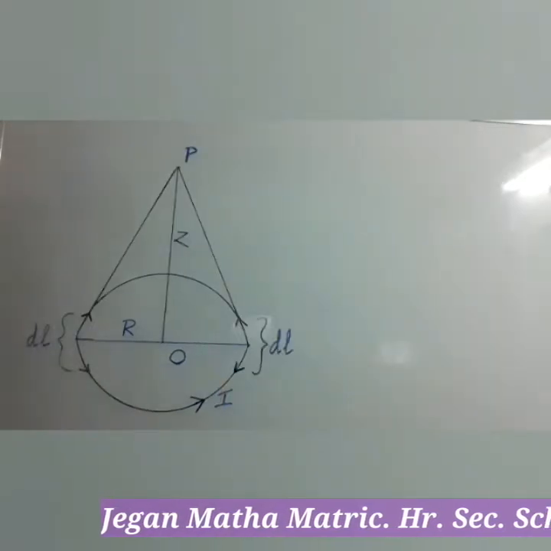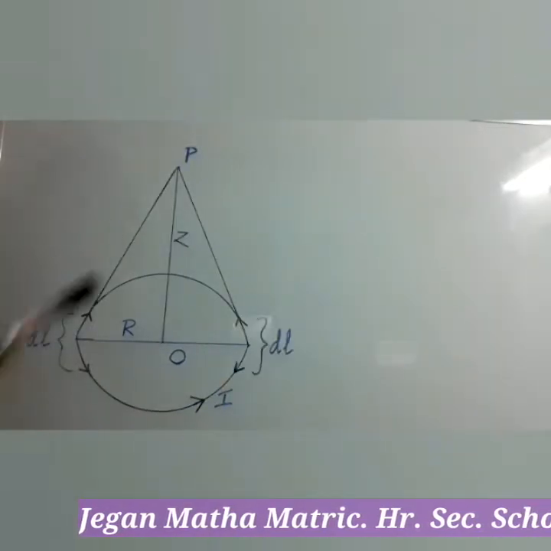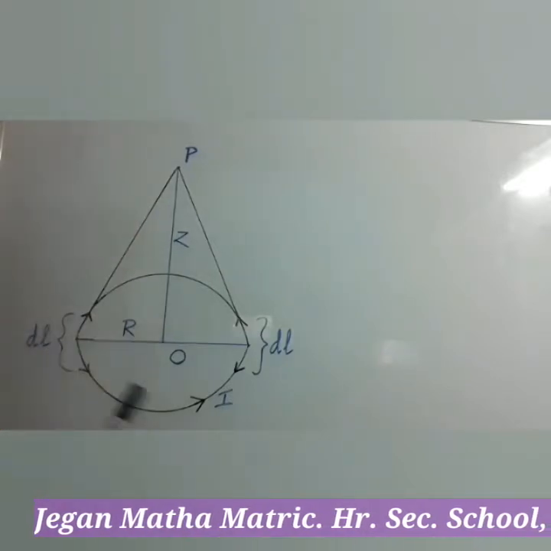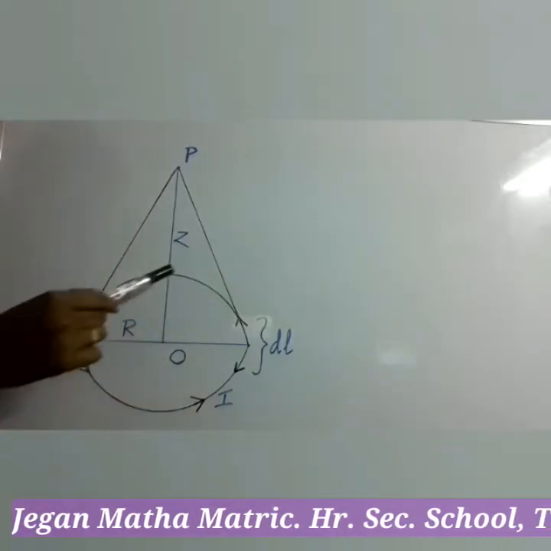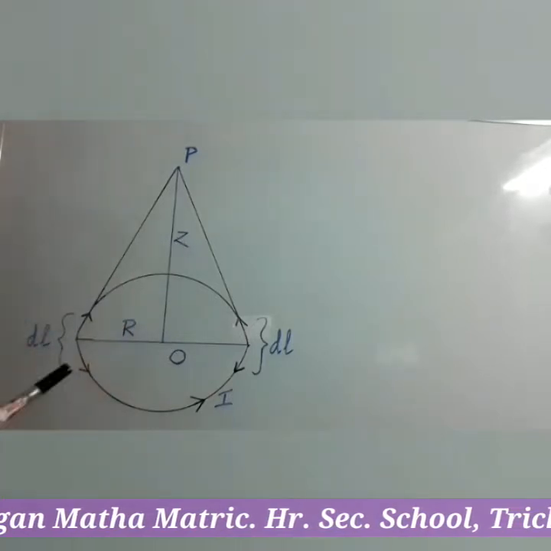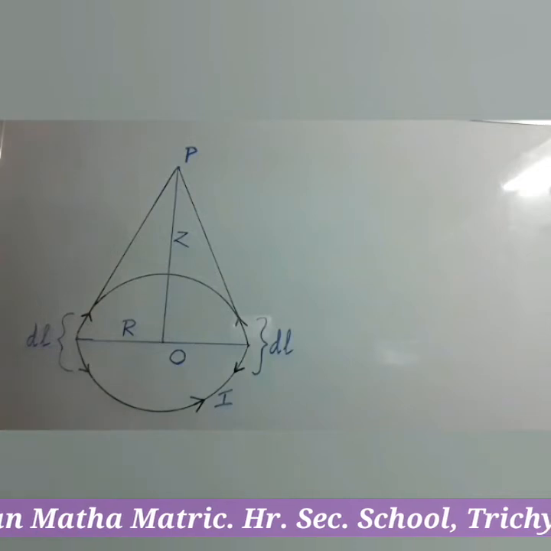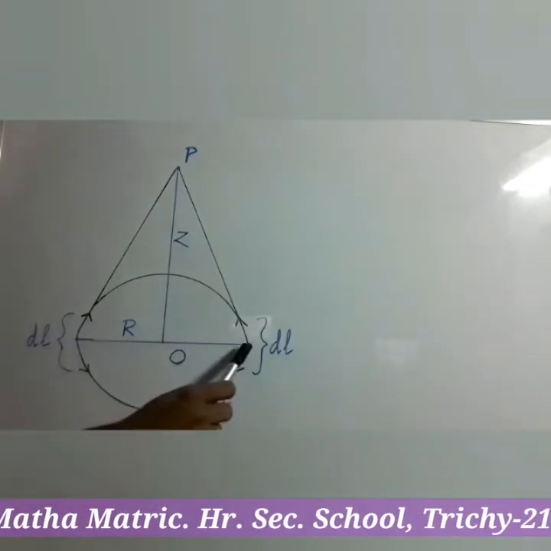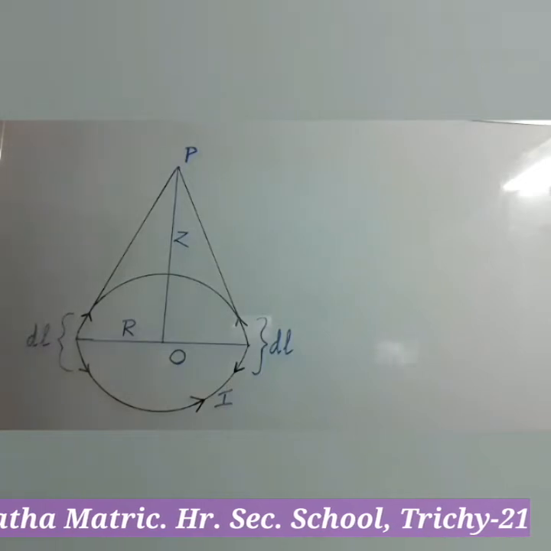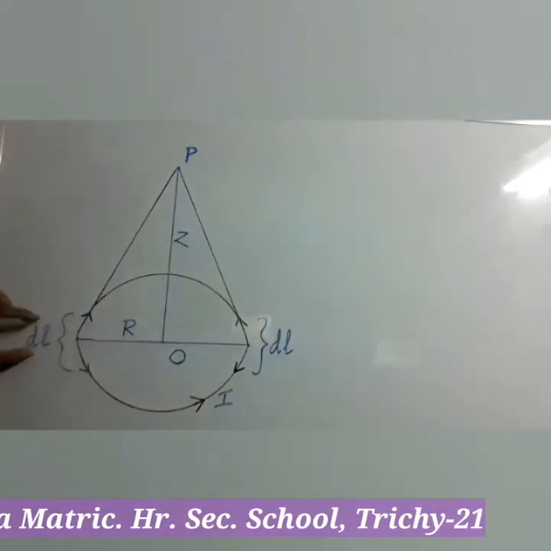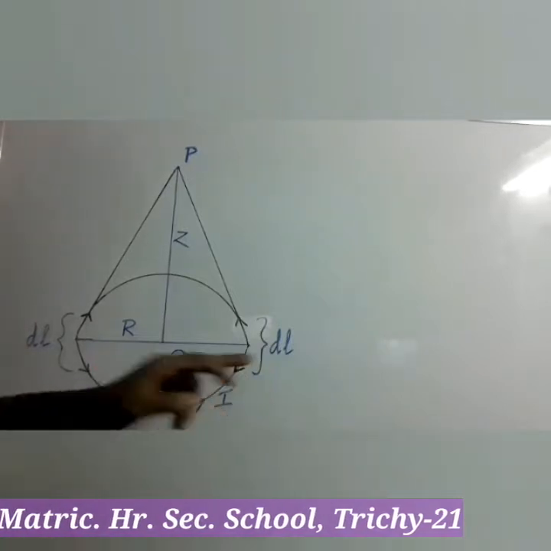The magnetic field at a point P on the axis of the circular coil, at distance Z from the center of the coil O, can be calculated by taking two diametrically opposite line elements of the coil, each of length dl, at points C and D.